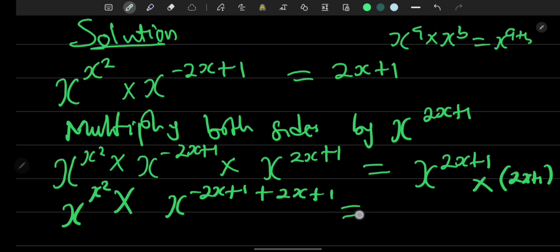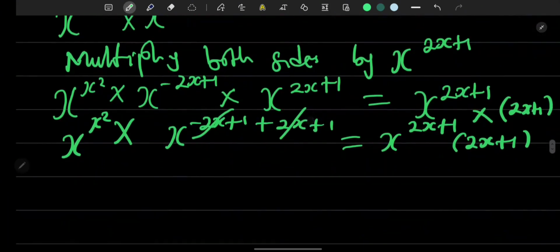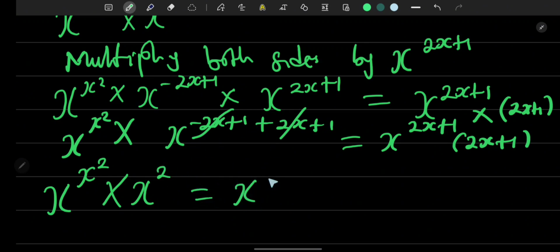Then you have x to the power of 2x plus 1 in bracket times 2x plus 1. Minus 2x plus 2x would cancel out. So we are now left with x to the power of x squared times x raised to the power of 1 plus 1, which is 2, then x to the power of 2x plus 1 times 2x plus 1.